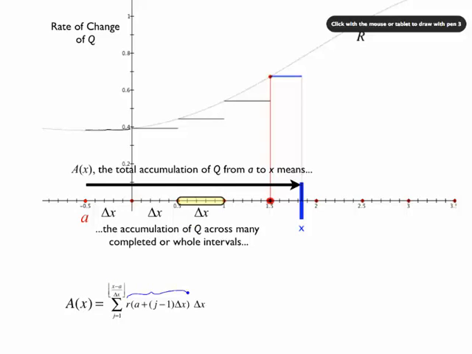What is that whole thing right there? That's just an input value plugged into R. And that is R of the jth interval. That's the constant rate in the jth interval.